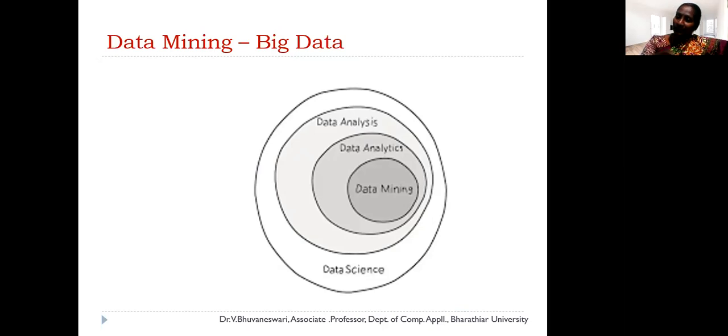Data mining is my core component, as an inner component, where we follow data analytics, followed by data analysis, followed by data science. And inside my data mining, I have my data warehouse and my database management components sitting inside, either connected with a tightly coupled architecture or a loosely coupled architecture.